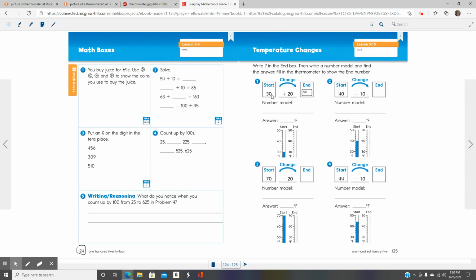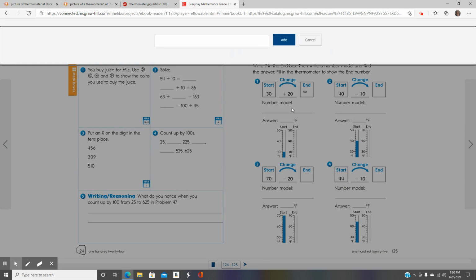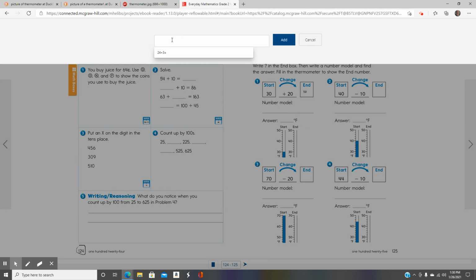Okay, so now we're going to write a number model with these three numbers. And of course, that number model would say 30 plus 20. Your end number is 50, so that would be equals 50. So let's write that down. So you have 30 plus 20 equals 50.